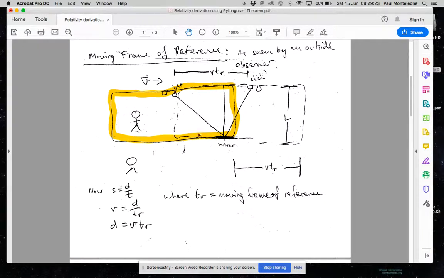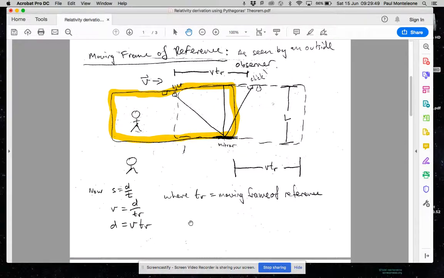And the time taken here, because we're observing from the moving frame, instead of calling that t0, we're going to call that tv. So you can see the substitution: the velocity of the train is v, the distance is d, and the time taken for this light clock is tv. If we rearrange this equation, we get d equals v tv.